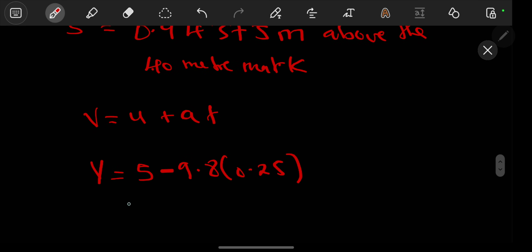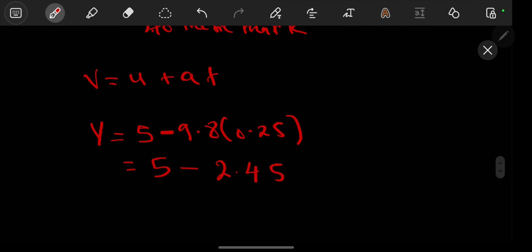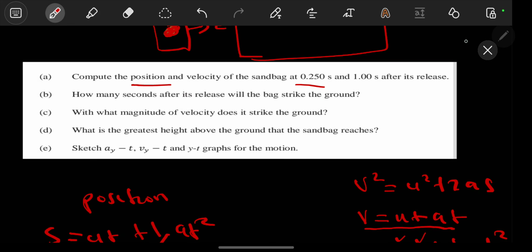So we have 5 minus 9.8 times 0.25. This gives us a value of 2.45, so the velocity that we are getting is 2.55. So this is our velocity at that point when the time is equal to 0.25.